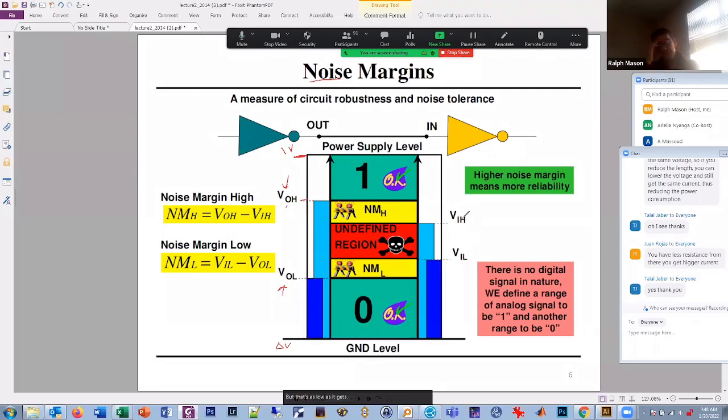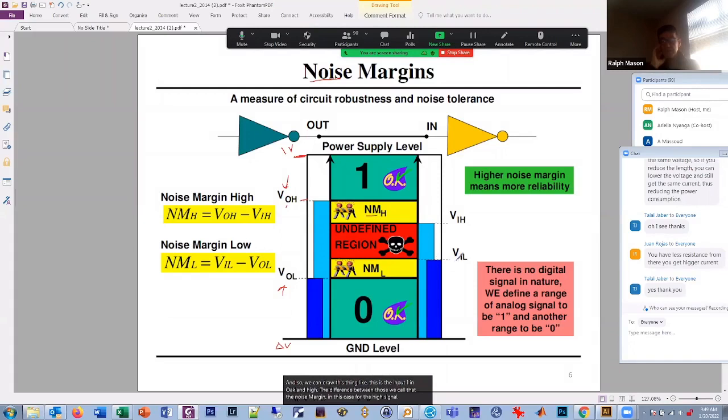And on the input side, on the right side here, we have an input high. We said anything above that looks like an input high, and a V input low, anything that looks like a low. And typically the input high and input low are in between the output high and output low. And so we can draw this thing like this is input high and output high. The difference between those, we call that the noise margin, in this case for the high signal.